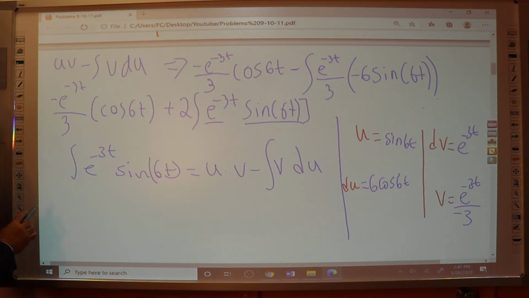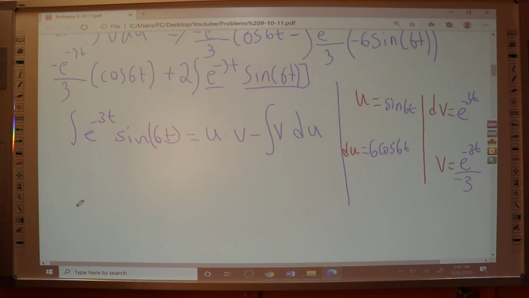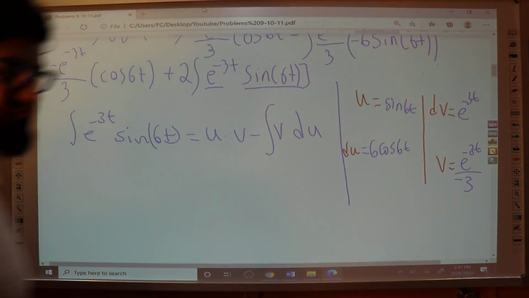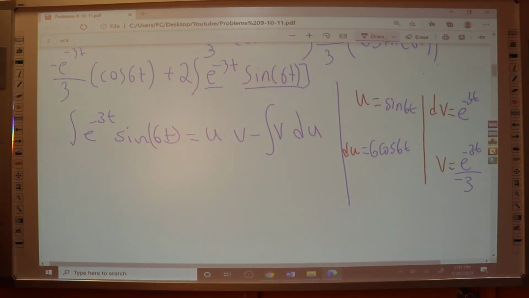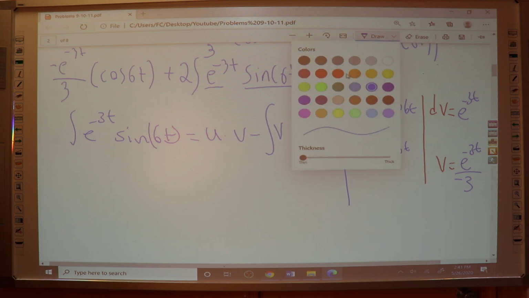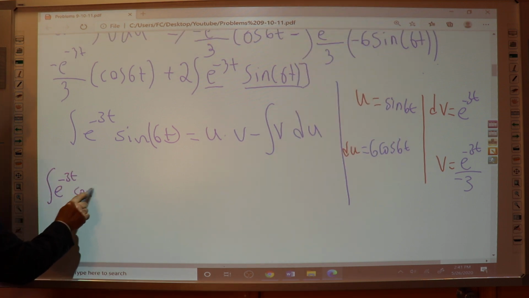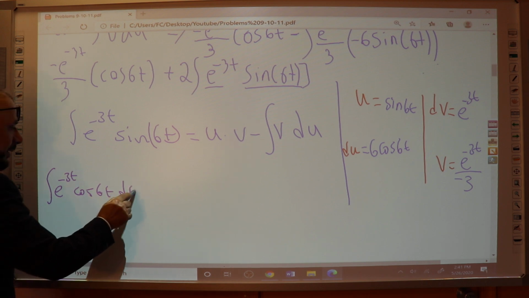Now back to this. Now let us organize ourselves from the beginning. My main integration is what? I want to use my main integration as e to the negative 3t cosine 6t dt, right?